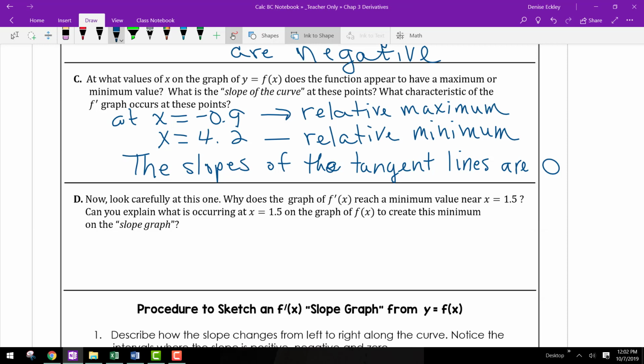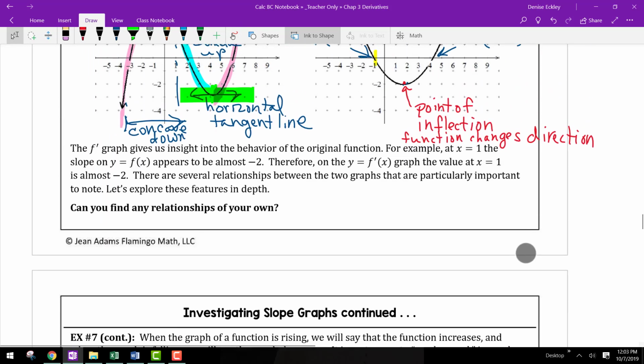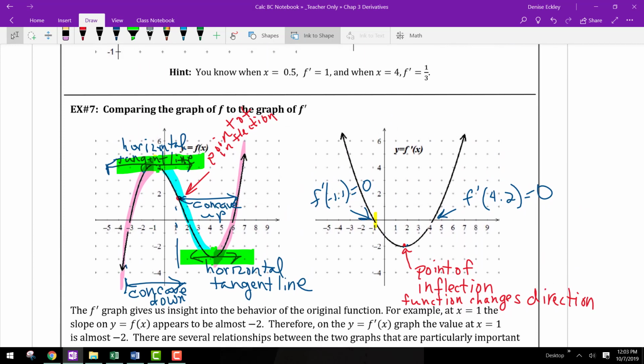Okay? Now look carefully at this one. Why does the graph of f prime reach a minimum value near x equals 1.5? Can you explain what is occurring at x equals 1.5 on the graph of f of x to create this minimum on the slope graph? We had already discussed this in the last video, so it's good to review it. What we have happening here is that the point I highlighted in red, that point right there, is our point of inflection.